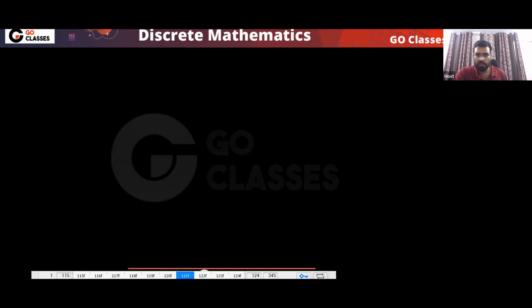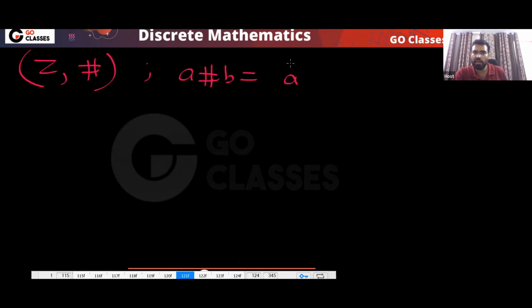Okay. What about this? On set of integers, this operation we have already defined: a square plus b. Is there any identity element here? Tell me, what is the identity element? Can I say 0 is the identity element?